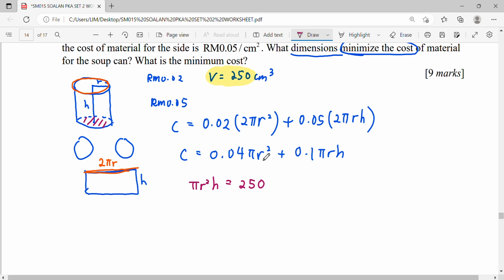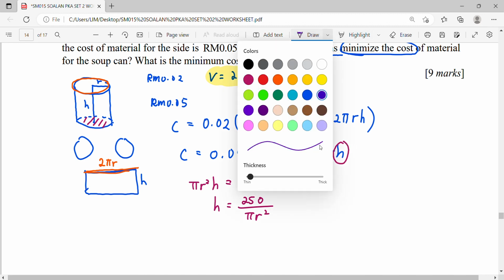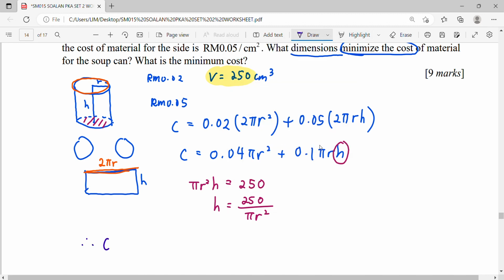Now we're going to substitute. Do you want to substitute r or h? To be easier, substitute h so that your equation C is in terms of r only. So we make h the subject: h equals 250 over pi r squared. We substitute here, and finally you get the equation C equals 0.04 pi r squared plus the second term.